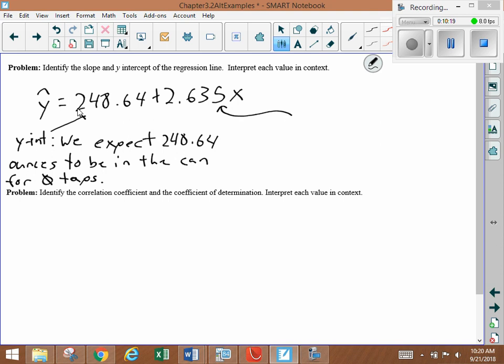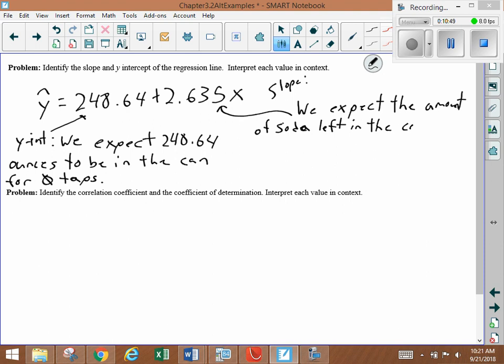We're going to interpret this. We're going to say we expect, so first it's for our slope, we expect the amount of soda left in the can, right? These always have to be in context, left in the can, to increase. Very important that we say that it increases or decreases.